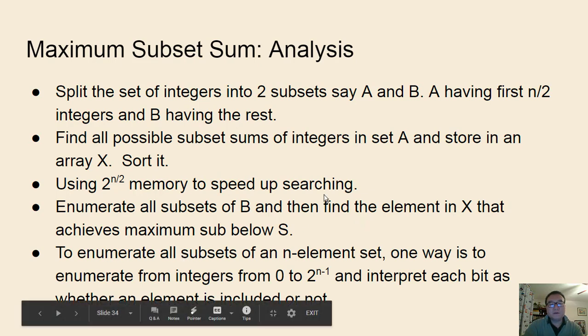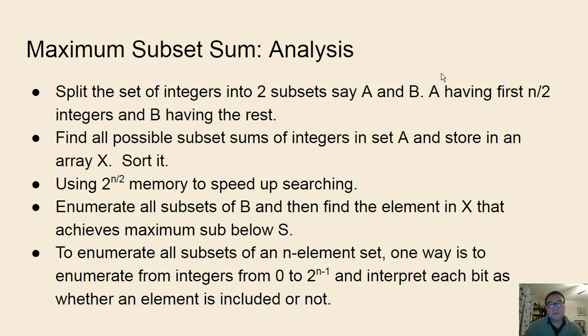One thing I want to say is about how to enumerate all subsets of an n-element set. One way to do it is to enumerate through all integers from 0 to 2 to the n minus 1, and interpret every number as representing a subset. Every bit of that number indicates whether a particular element is included or not.